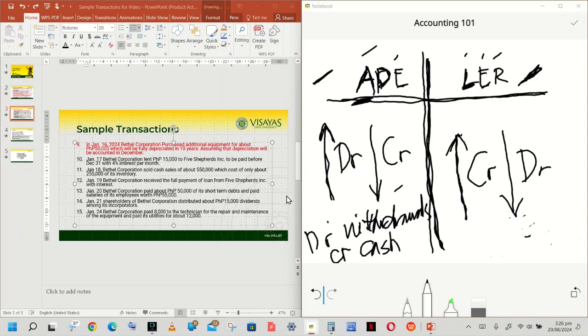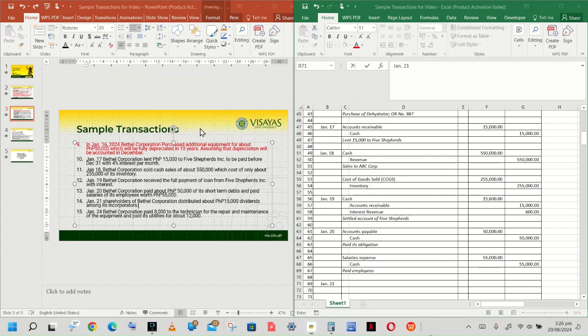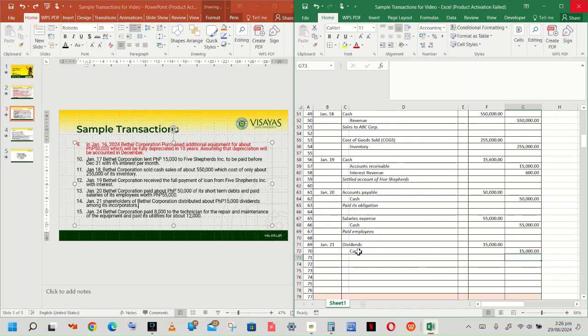So, since kunyari, corporation to, hindi siya withdrawals, dividend siya. So, listed siya as dividends. Okay? And cash. So, about 15,000 was accounted. So, let's indicate it as distribution of dividends.